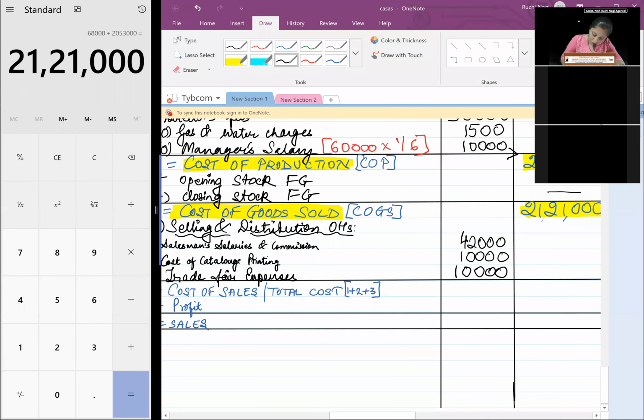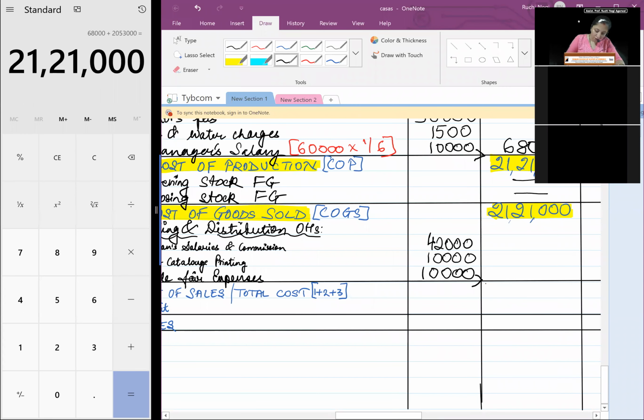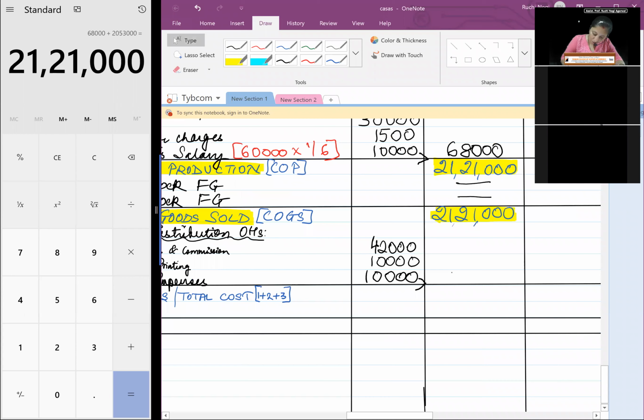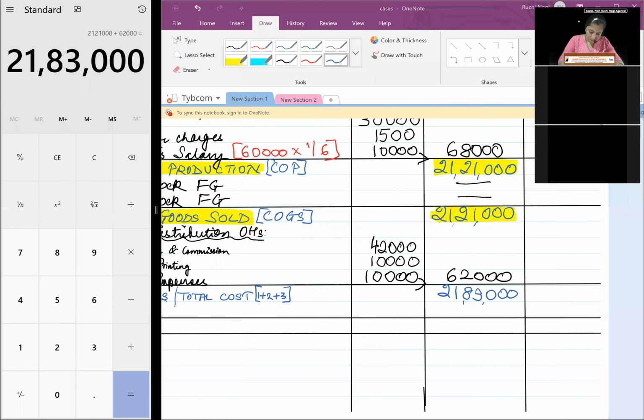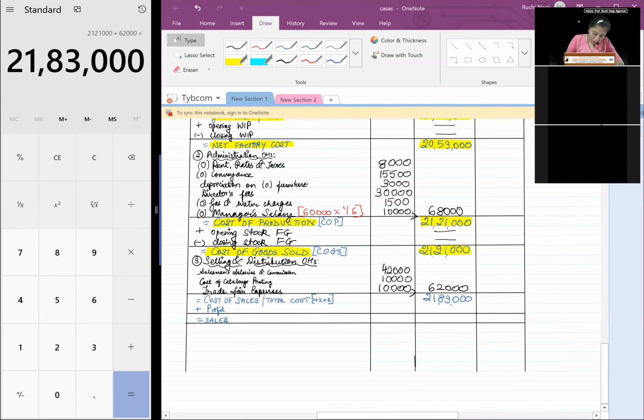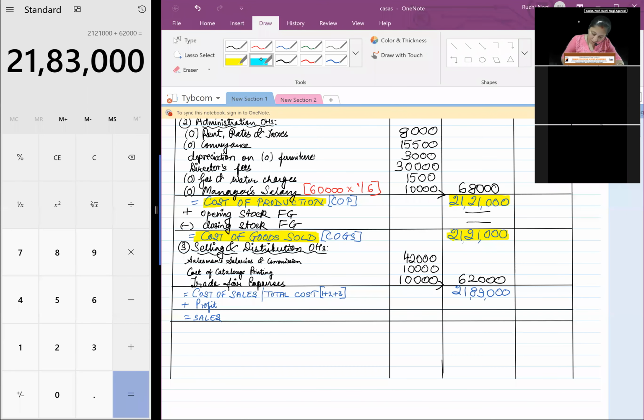Take the total in the outer column. 42 plus 10 is 62,000. 21,21,000 plus 62,000 is 21,83,000. Okay, fine. So this is my cost of sales. This is the total cost.